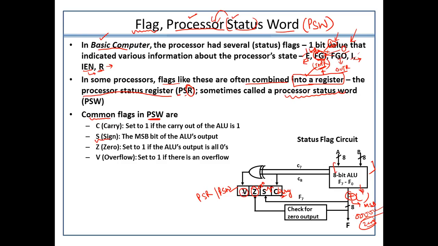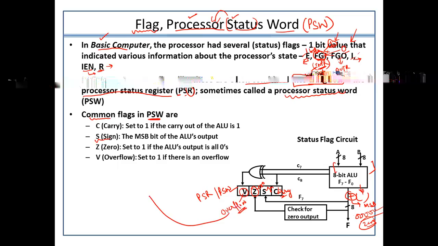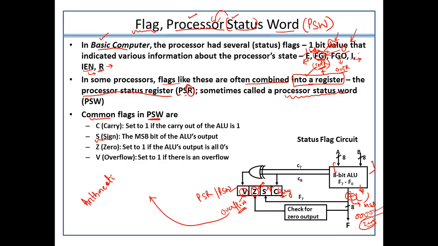So this Z flag will get activated. Then there is another flag, V, which we are usually aware of because we have already studied this overflow flag in the arithmetic shift micro operations.